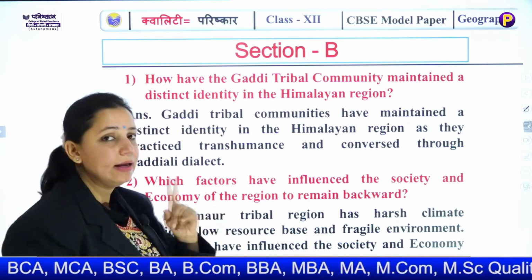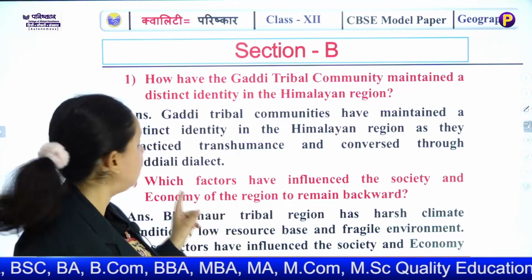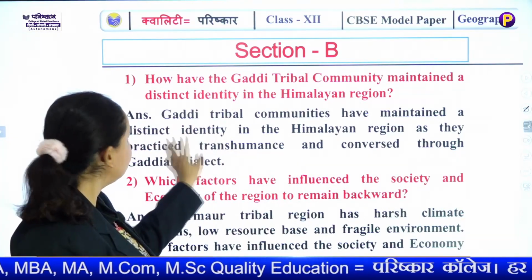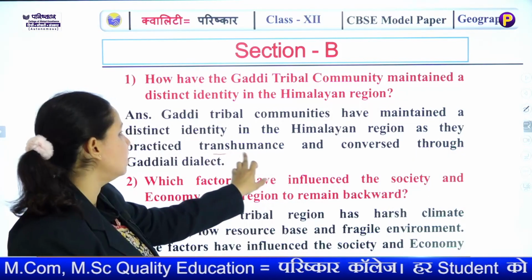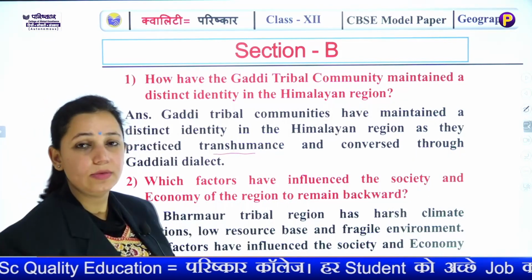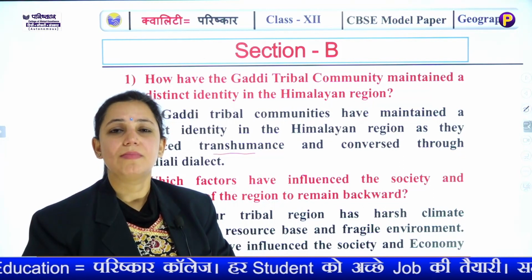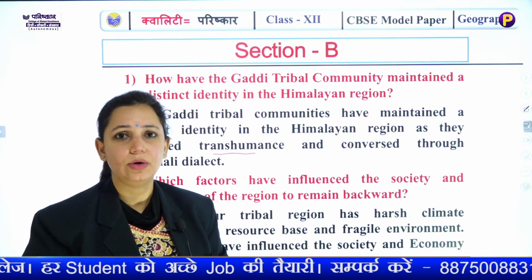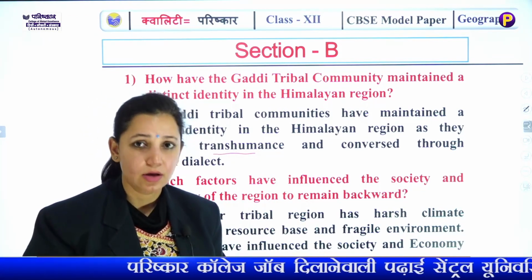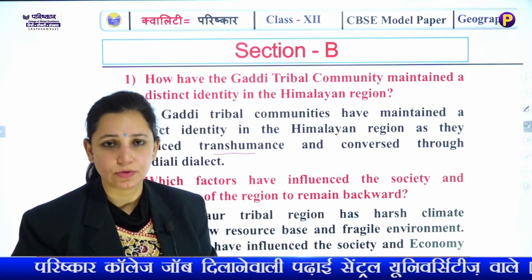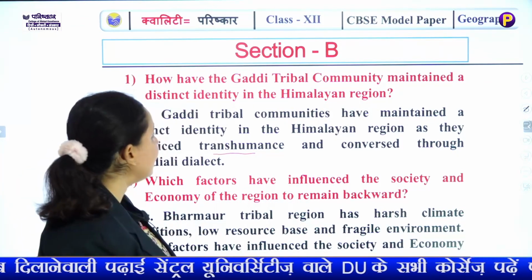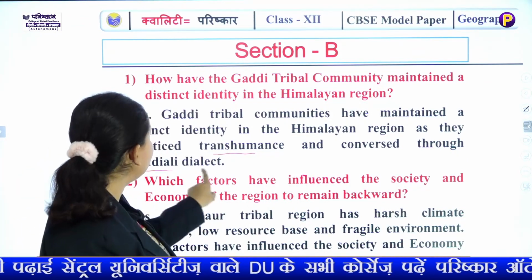You can find it in the first paragraph itself, because they practice transhumance. Now you know transhumance. What is transhumance? It is migrating from one region to another in search of food and fodder with their animals. So it's a seasonal migration process which is observed by the tribal communities.